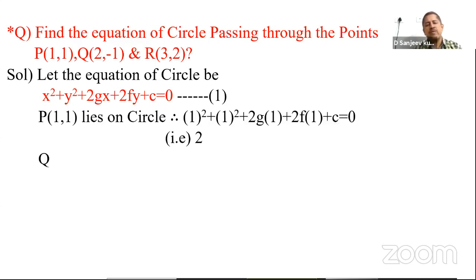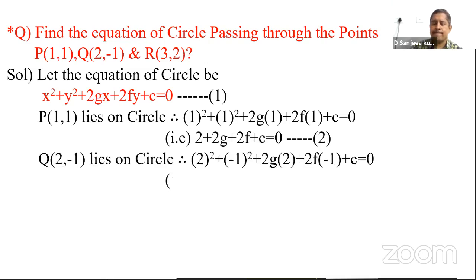So when I put x value as 1, y value as 1 in the equation, you get 1 square plus 1 square plus 2g into 1 plus 2f into 1 plus c is equal to 0.